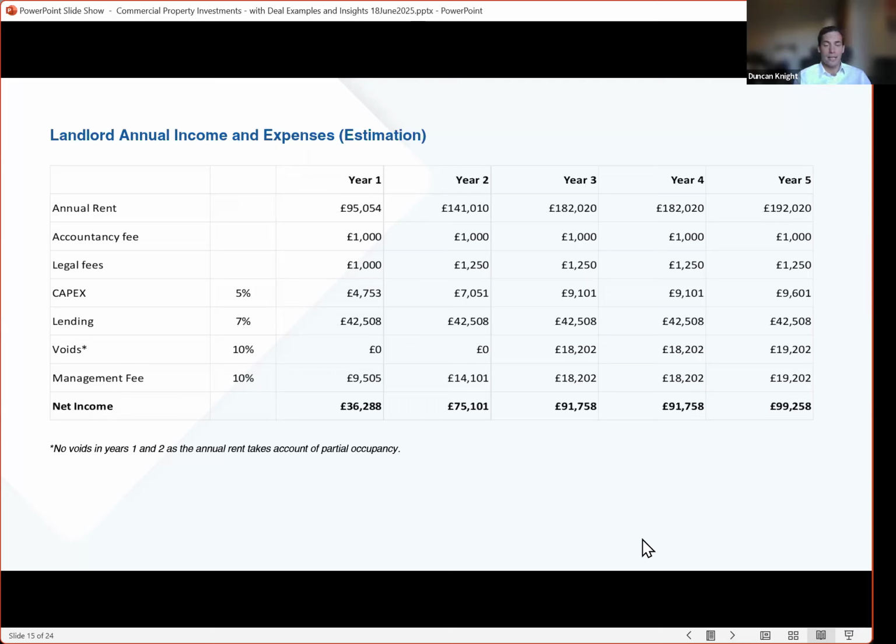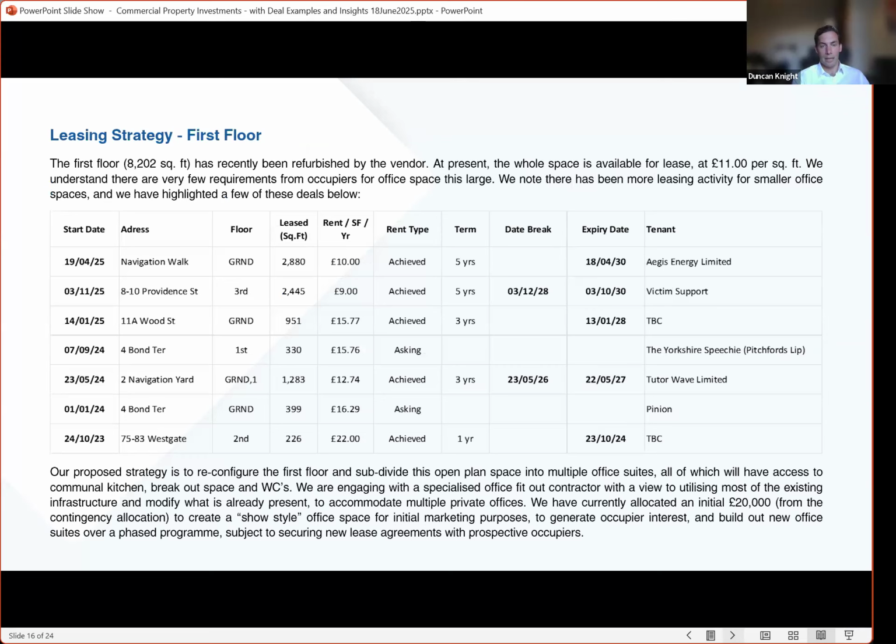So our plan is to take this first floor and subdivide it into 3 or potentially 4 office suites, and start to target those smaller occupiers and relet the first floor on market terms, probably higher rent per square foot than the ground floor, but over the first year or two, look to relet those office suites and actually subdivide the floor on an individual basis.